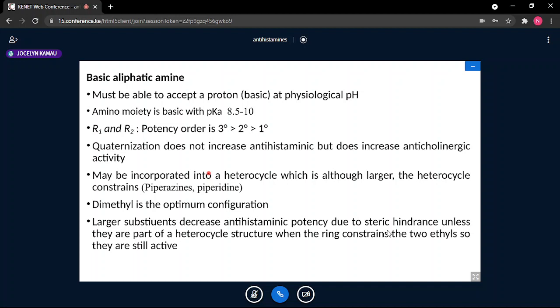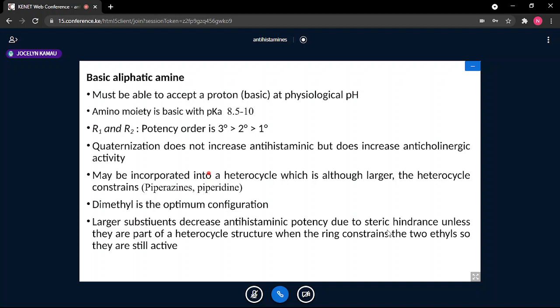And you know, acetylcholine has a quaternary amino group. So if you make the nitrogen a quaternary group, which of course will be protonated, then you will move more to anticholinergic activity. Because of the bulkiness of the molecule, it will not have cholinergic activity. Because of its bulkiness, it will have anticholinergic activity.